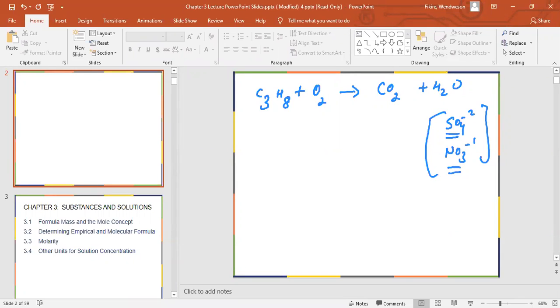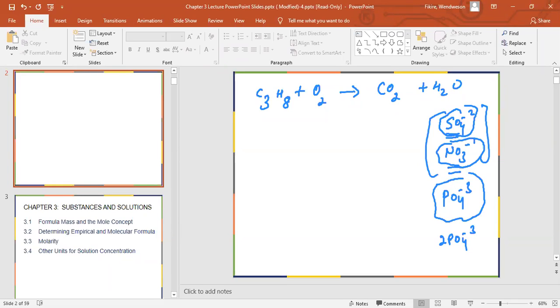So balance the polyatomic ion first. That's my advice. Like SO4, don't try to balance sulfur and oxygen separately; SO4 is one unit because it's a polyatomic ion. Nitrate is one unit. If you have phosphate, for example, phosphate is considered one unit. There's one phosphate, two phosphates, three phosphates, depending on that.